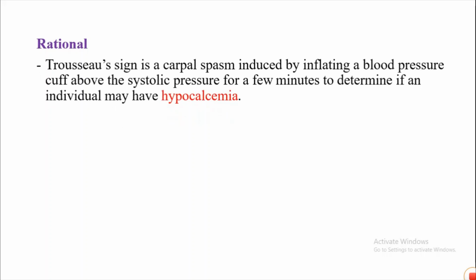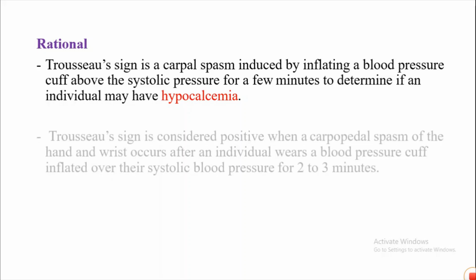Trousseau sign is a carpal spasm induced by inflating a blood pressure cuff above the systolic pressure for a few minutes to determine if an individual may have hypocalcemia or not.